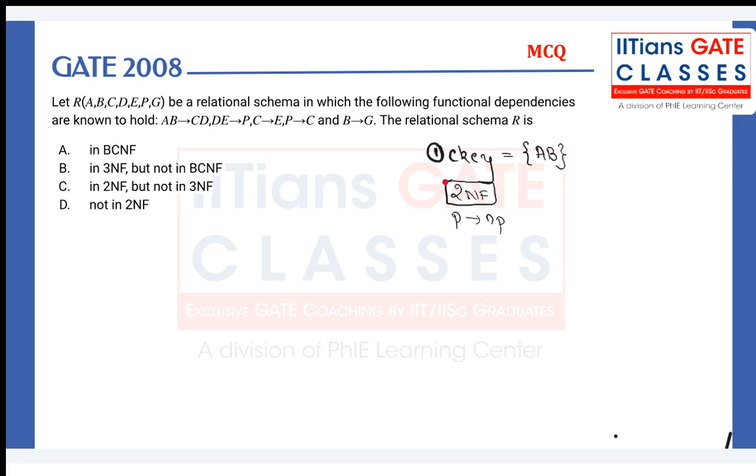How about this functional dependency? Left hand side is a proper subset of the candidate key, and the right hand side is a non-prime attribute. So it is not in 2NF. That's it. Just done.